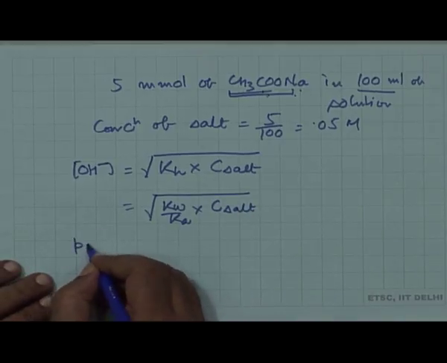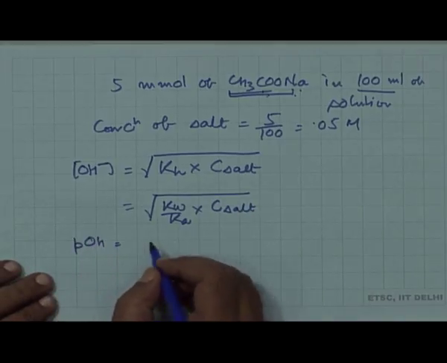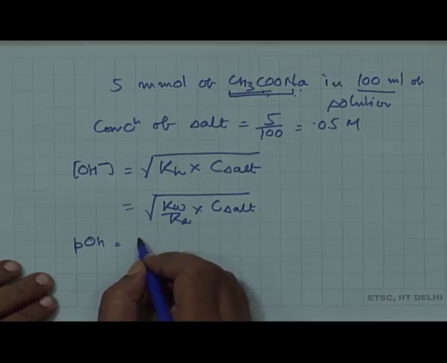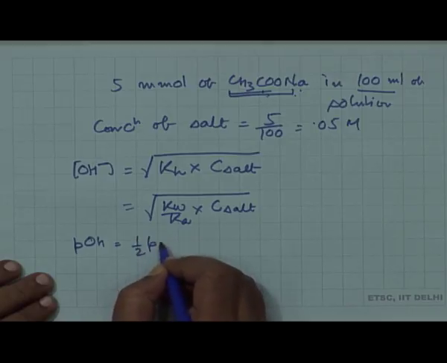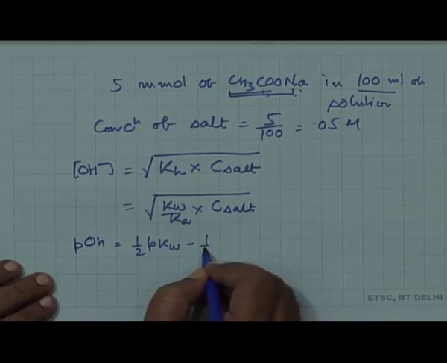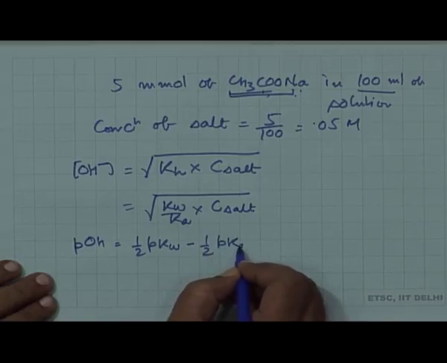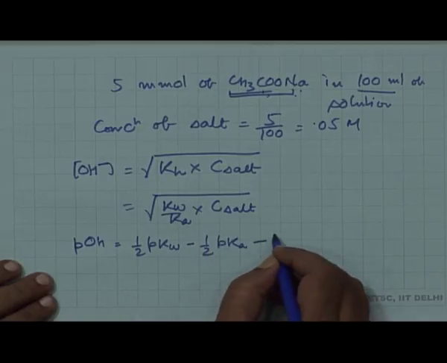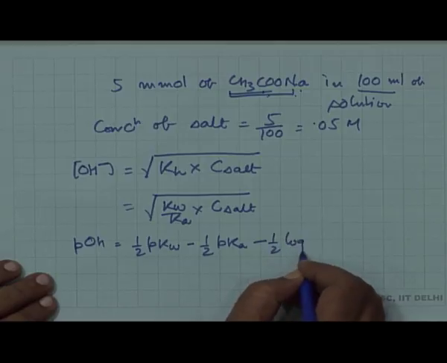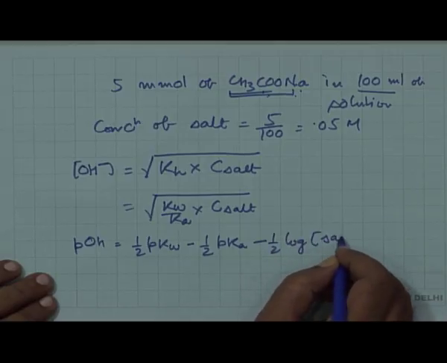So pOH is equal to half pKw minus half pKa minus half log salt concentration.